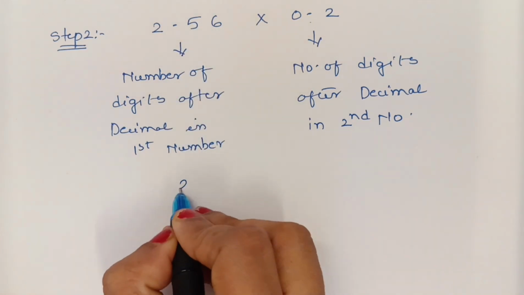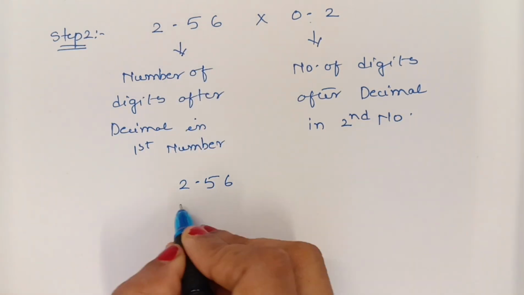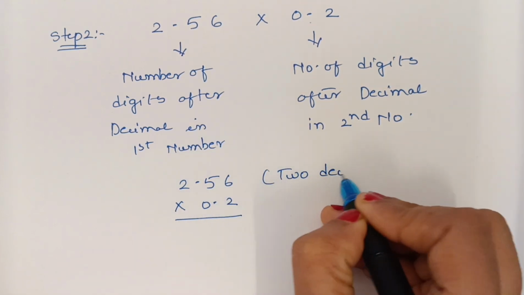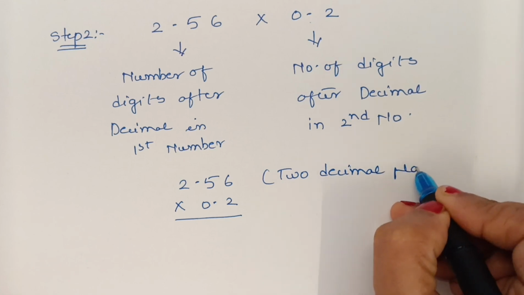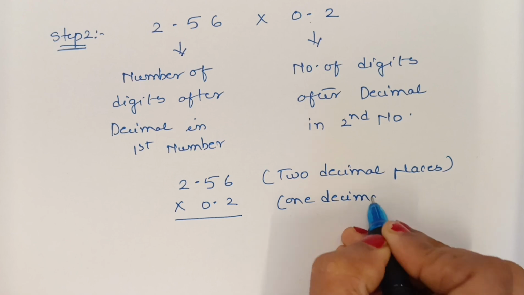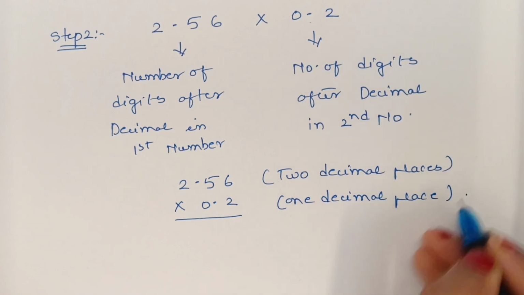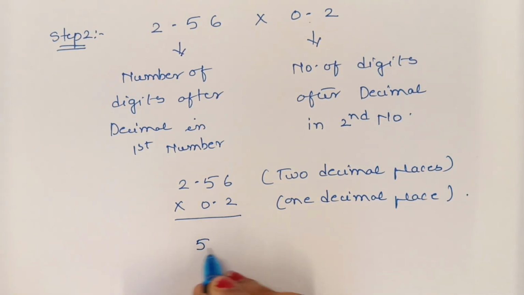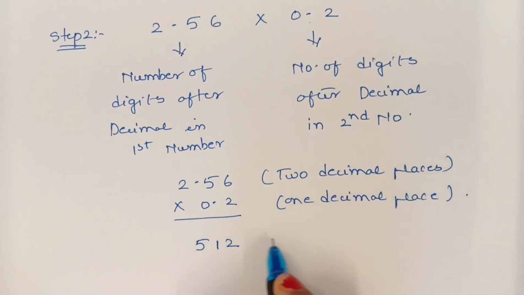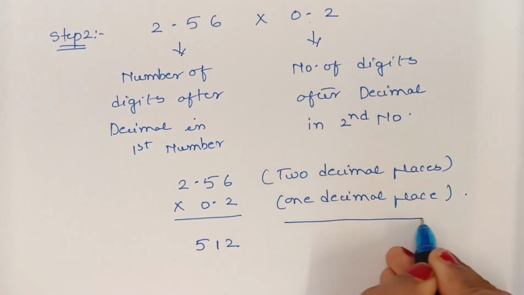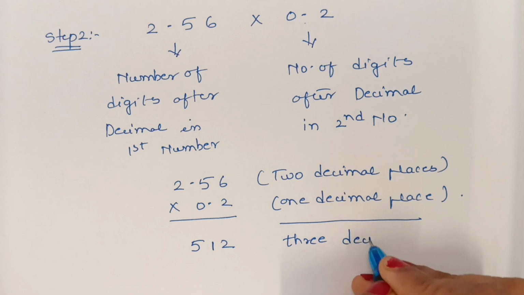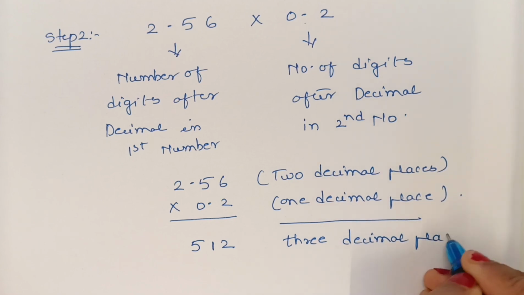2 decimal places. So 2.56 into 0.2, so 2 decimal places here, and over here 1 decimal place. Now what is the final answer you got? 512. After adding the decimal places, what are you getting? 3 decimal places.